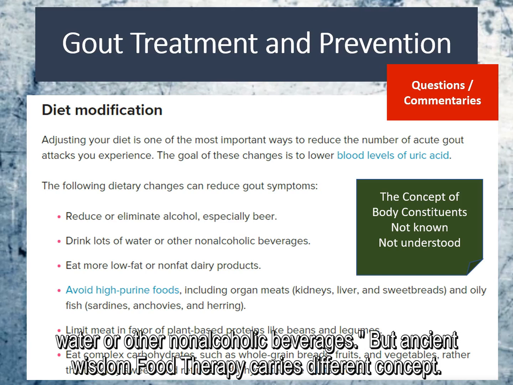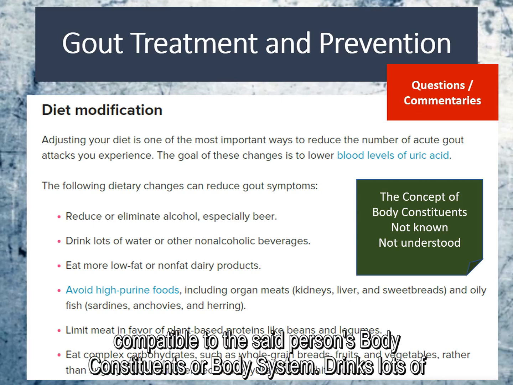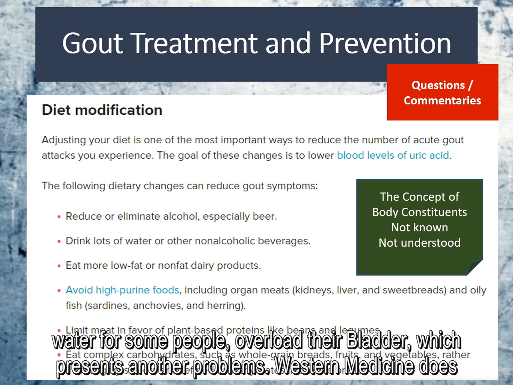But ancient wisdom food therapy carries different concepts. The key principle is balancing. Nothing should be too much or too little, and it must be compatible with the person's body constituent or body system. Drinking a lot of water for some people overloads the bladder, which presents other problems.